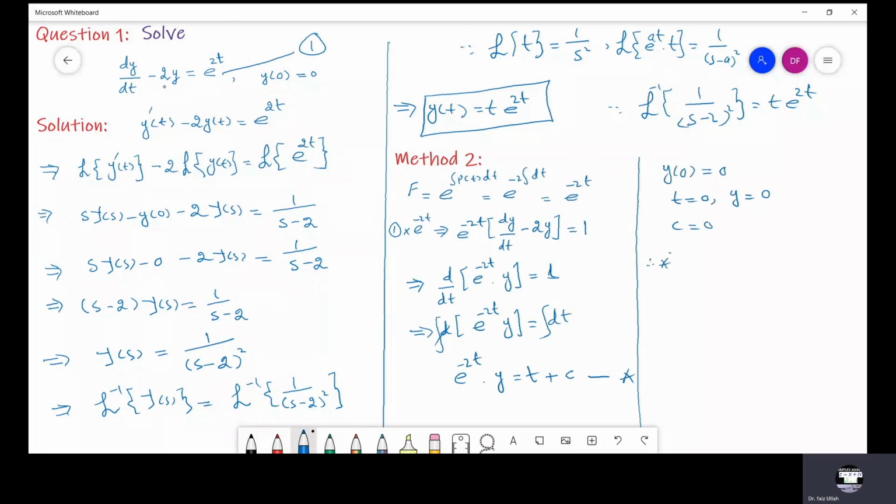Therefore, from star we can obtain e power minus 2t into y is equal to t. And this can be written as y is equal to t into e power 2t. And this is the required solution. And you can see from both methods we get the same solution.